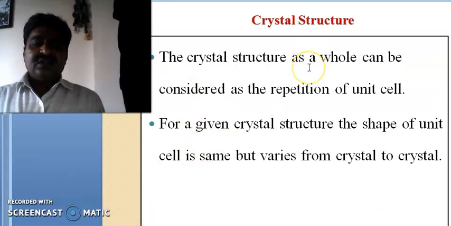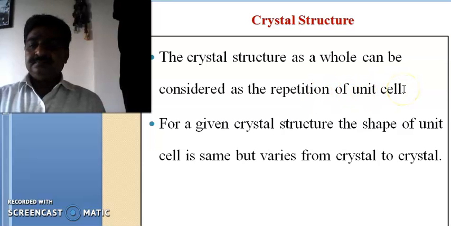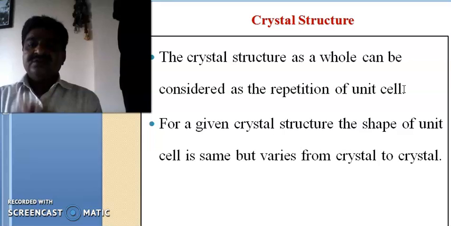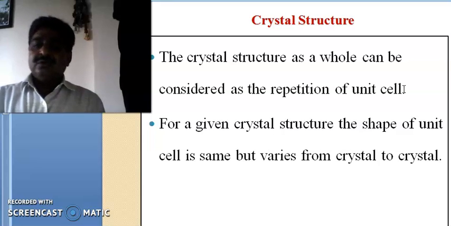The crystal structure as a whole can be considered as a repetition of the unit cell. You know, a chalk is made up of atoms.